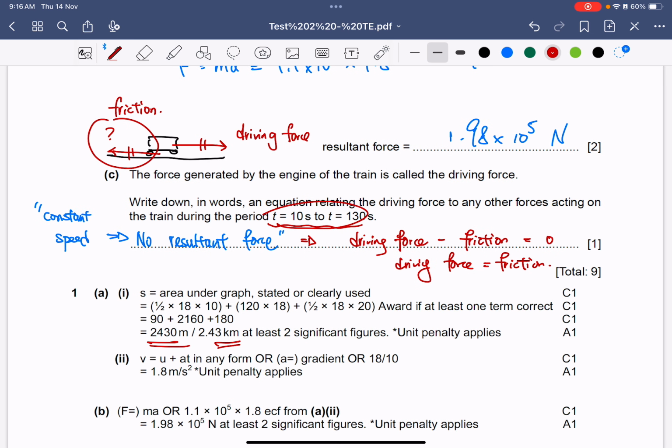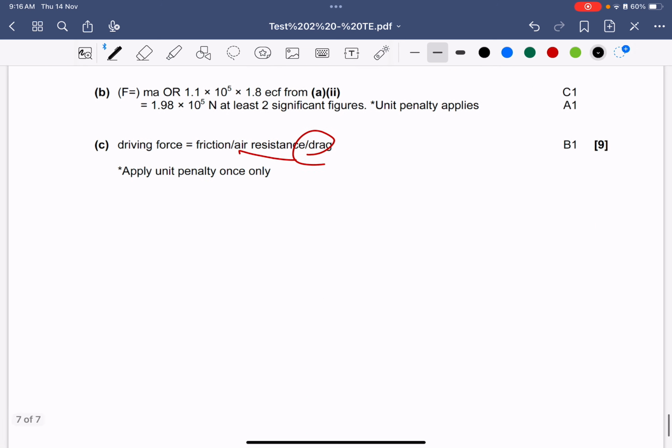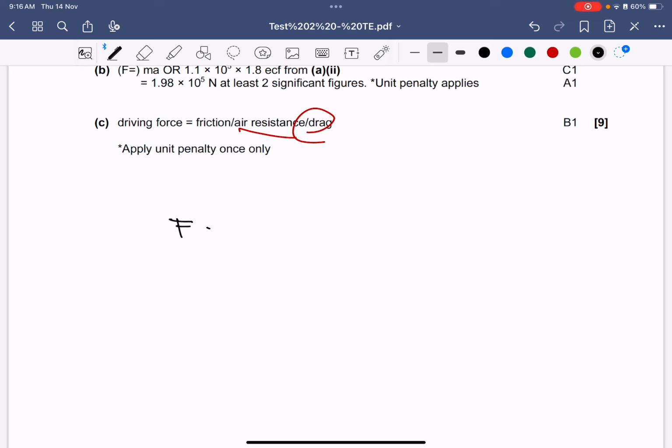Now, instead of saying F equals ma, if you write F equals ma here, there are two misconceptions you're having. If you write driving force equals ma, the first misconception is this is not the driving force.